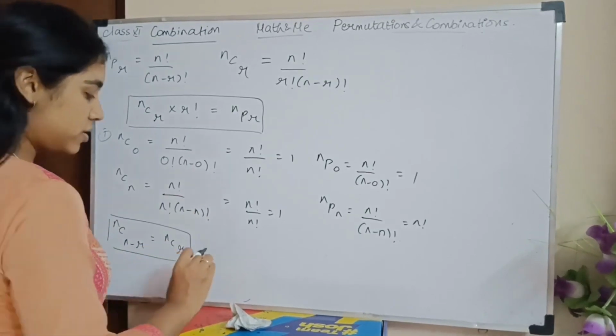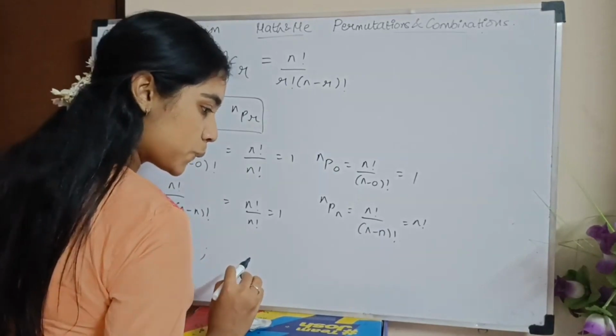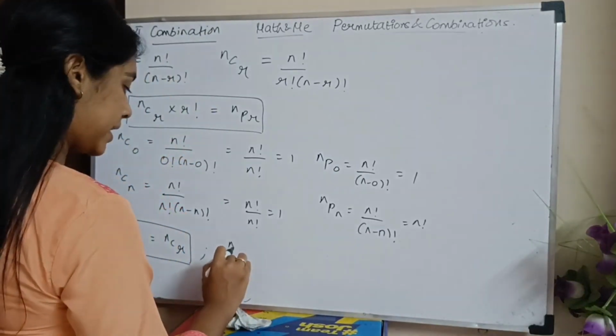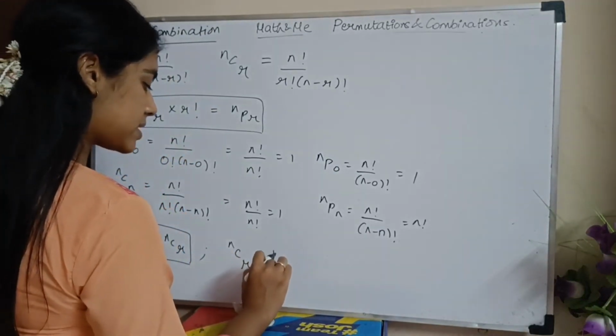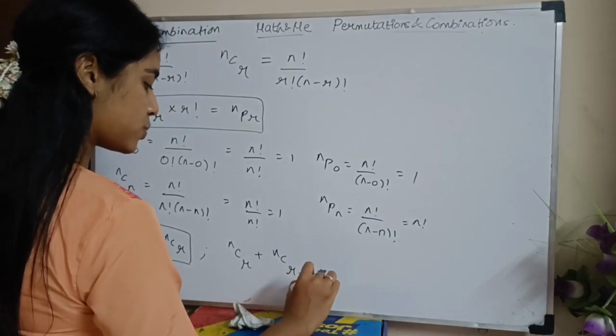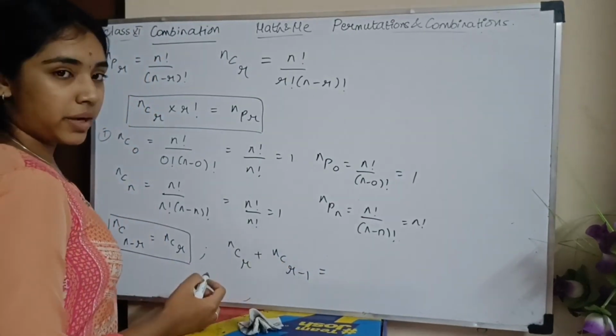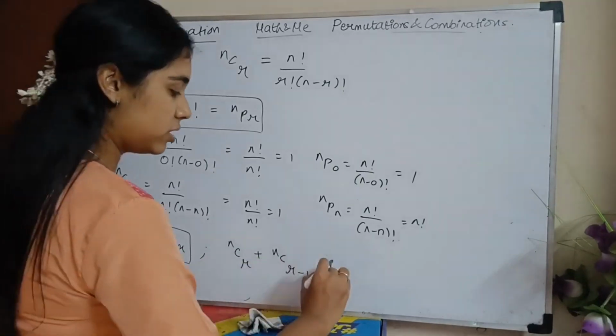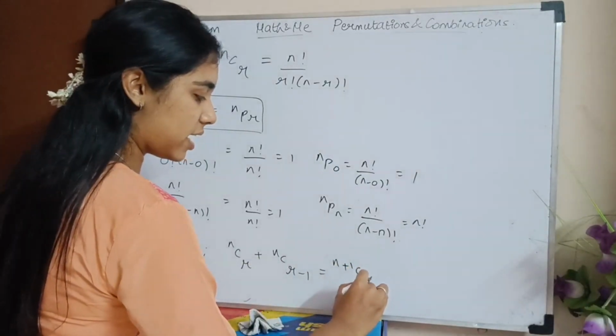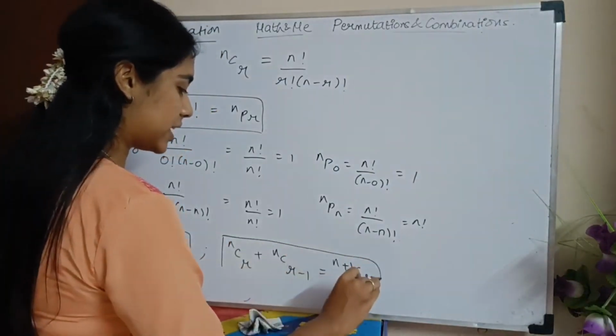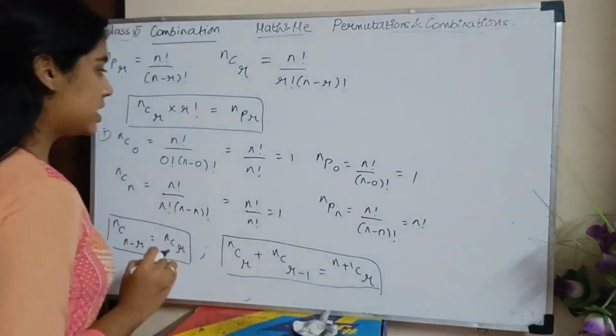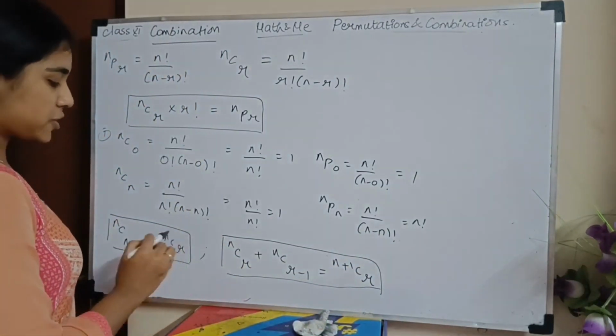You have one more relation, which is nCr plus nC r minus 1. That is, the sum of the combinations of r and r minus 1 will be n plus 1 Cr. You also have the proof for this in your textbook. I'm not going to prove this. Okay, remember these two relations, especially these two.